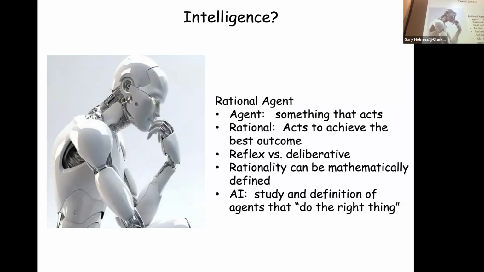And so rationality can be mathematically defined, this idea of utility or the goodness of an outcome. And so AI you can think of as being the study and definition of these agents, these actors that quote unquote do the right thing. And you have to decide what right means or what desirable means. And you express that through your performance measure. Okay, any questions? No questions.